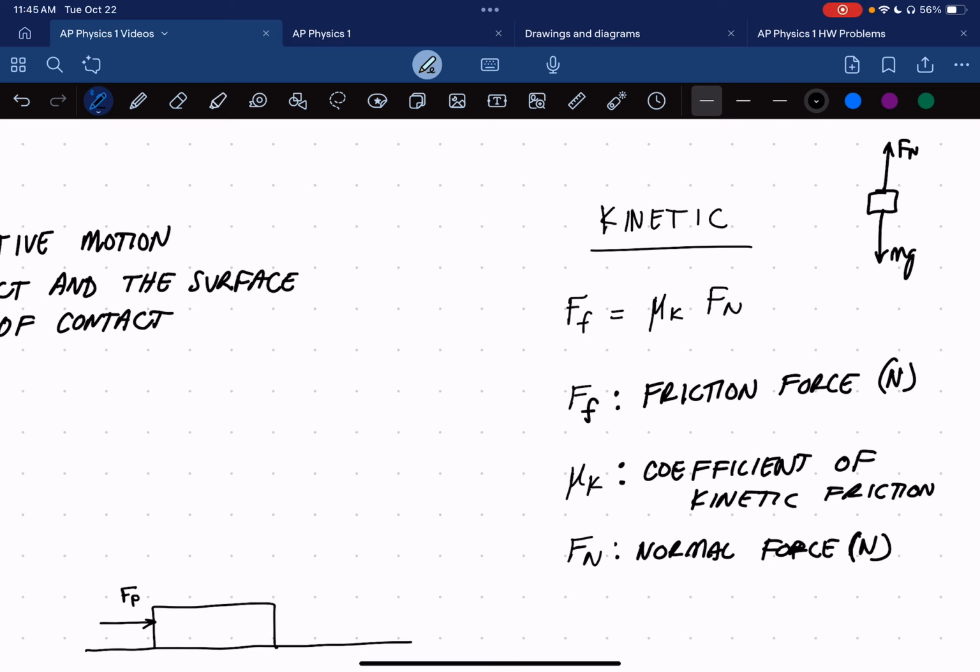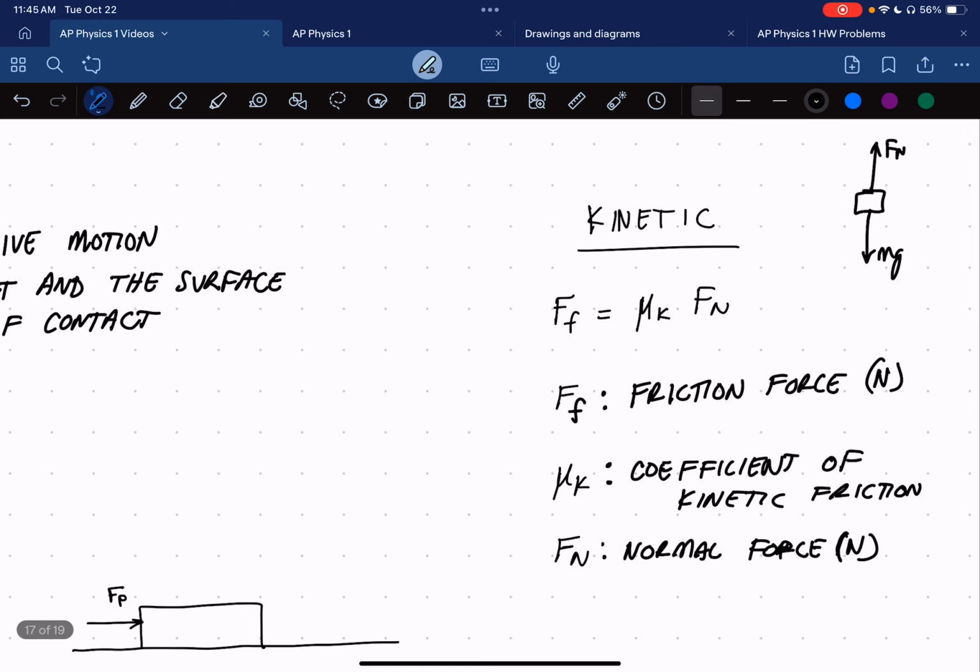There would be less friction between those surfaces, your dresser and a slick tile floor, versus a carpet. So your dresser is moving against a carpet. There's going to be a lot more friction just because of the types of surfaces that are involved. And this number ranges from 0 to about 1, and you could look it up in a table. In our textbooks, we have some values for it, depending on the surfaces that are involved.